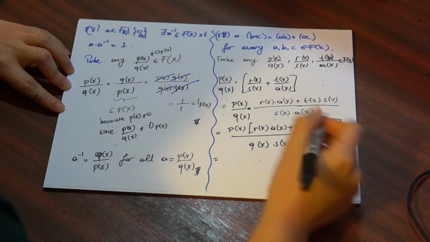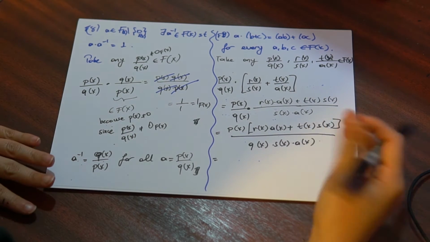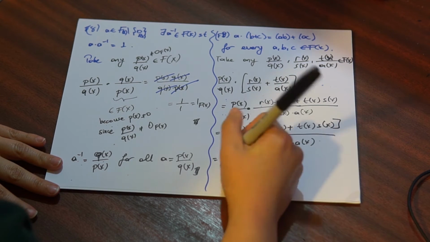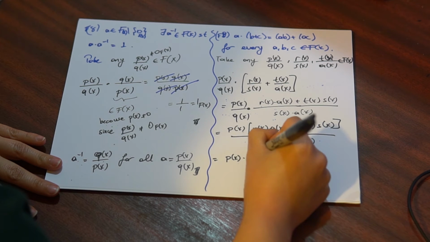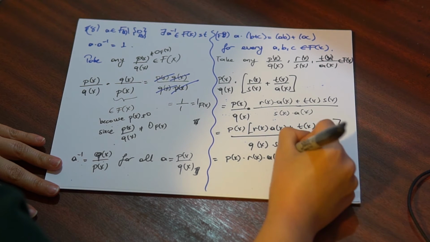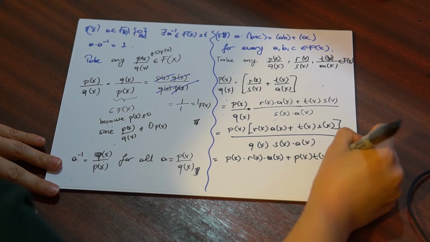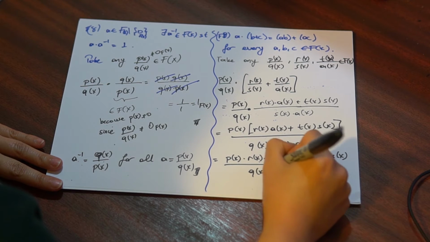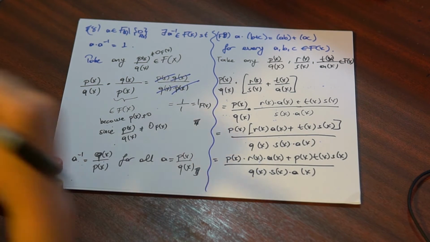Now, since polynomials are closed under distribution, we can distribute p(x) inside. So we will have p(x) times r(x) times a(x) plus p(x) times t(x) times s(x) over q(x) times s(x) times a(x).